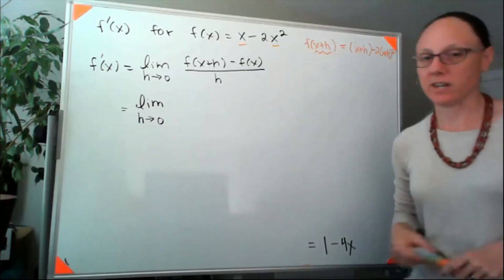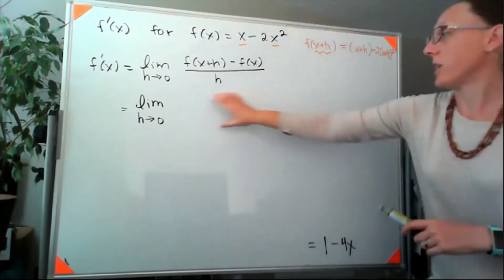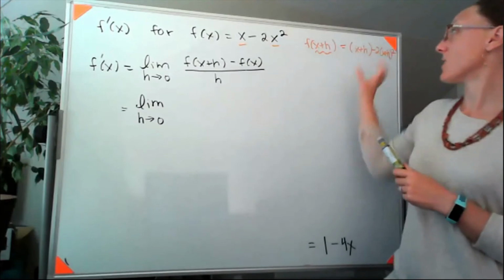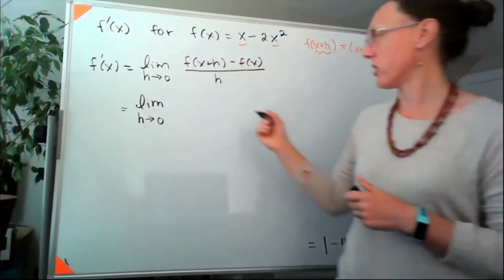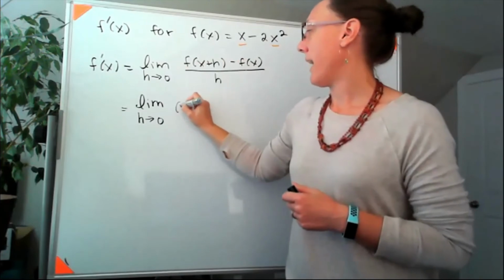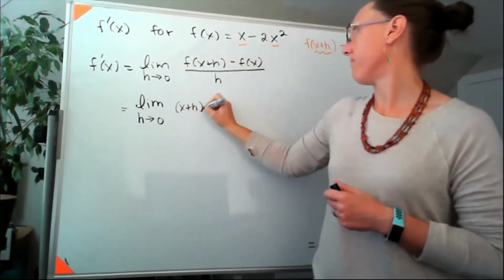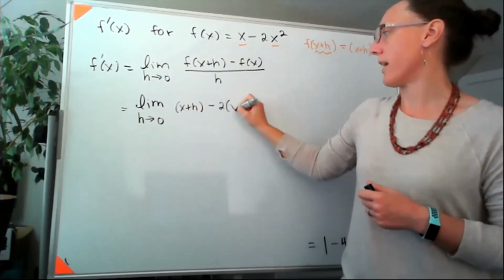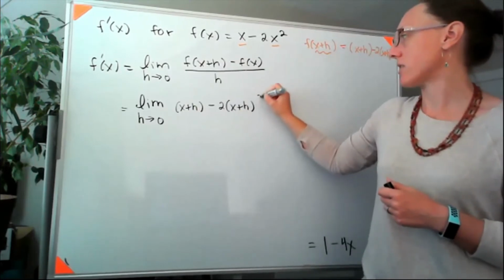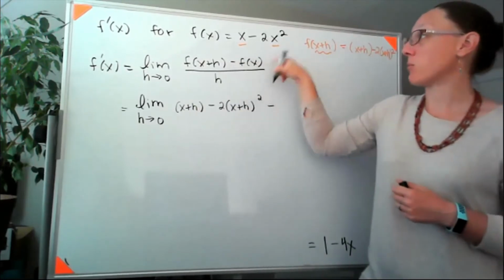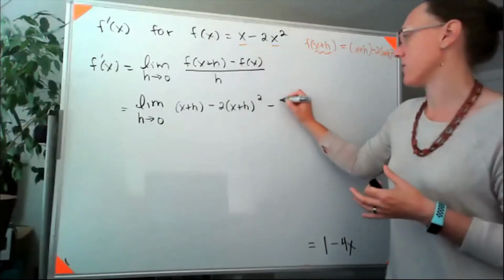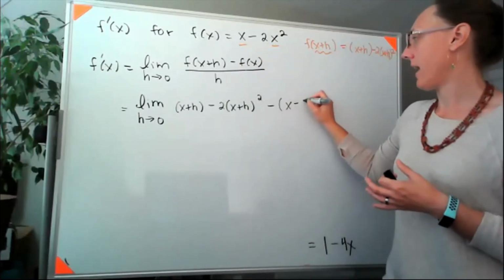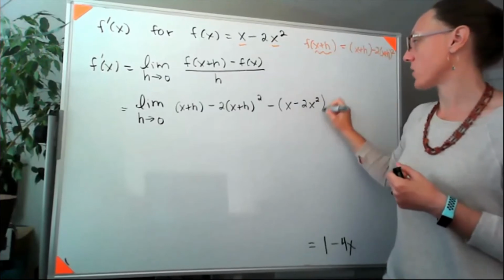I barely squeezed it in, but it's okay, because really what's important is I'm going to take that whole thing and plug it in for f of x plus h. So x plus h minus 2 times x plus h squared. And then I'm subtracting f of x. I'm going to be careful to put that f of x in parentheses for right now: x minus 2x squared.